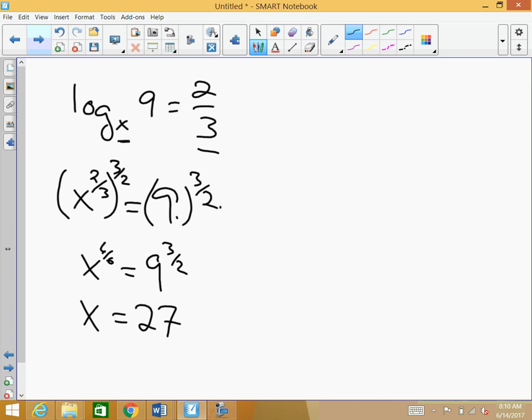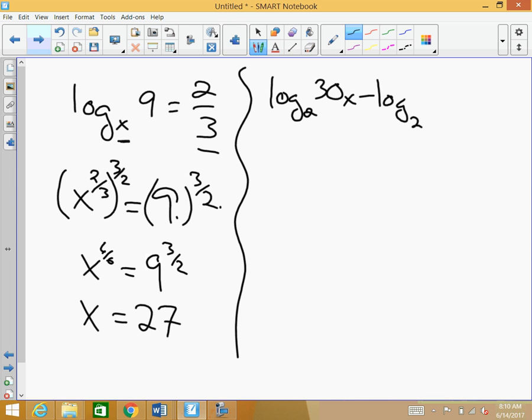Now, another type of question is, say, something like this. I'll do it right over here: log_2 30x. So now my variable is within the log function, and now I have minus log_2 5 is equal to log_2 12. Alright, so now I have a whole bunch of things.